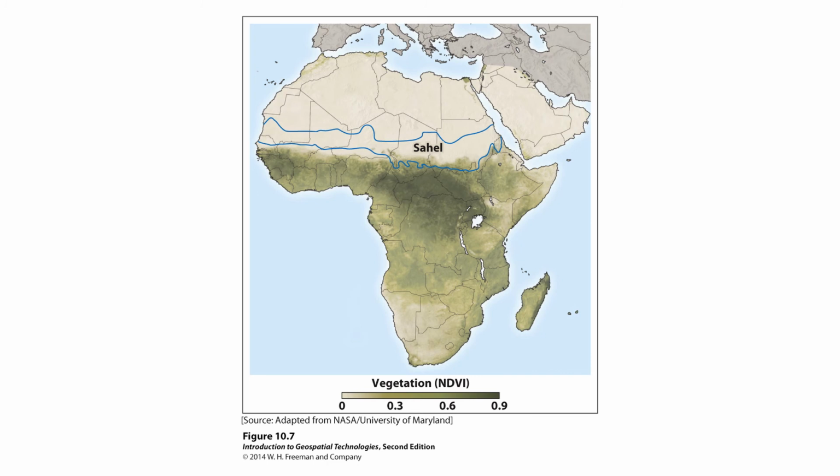So we can use this normalized difference vegetation index to look at all kinds of stuff. Here's an example of looking at Africa, and you can see as the rainy season moves along it gets greener and greener and greener, right up until we hit the Sahara Desert.